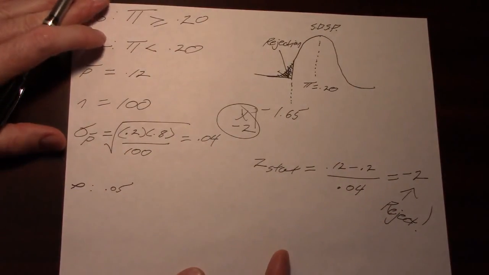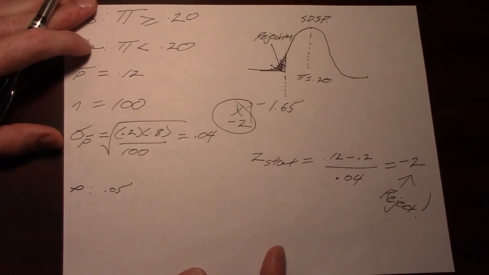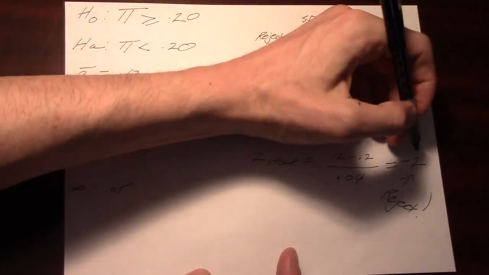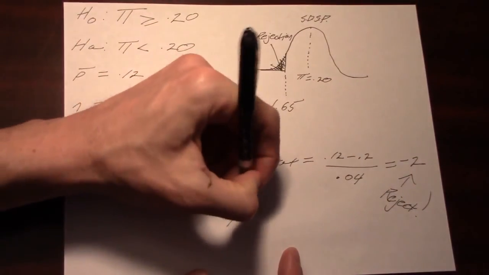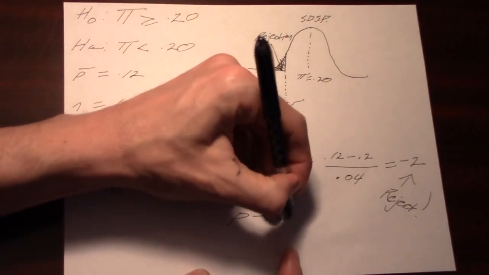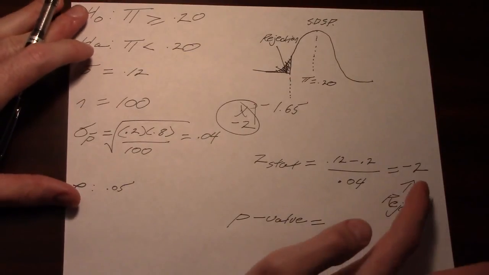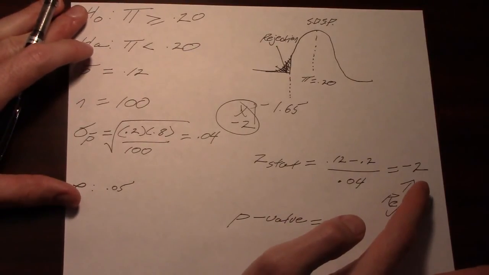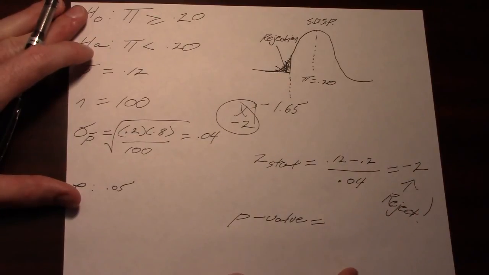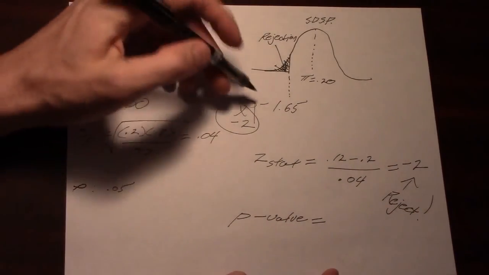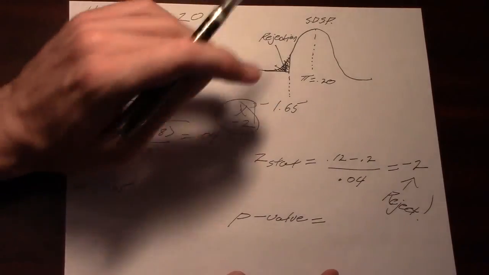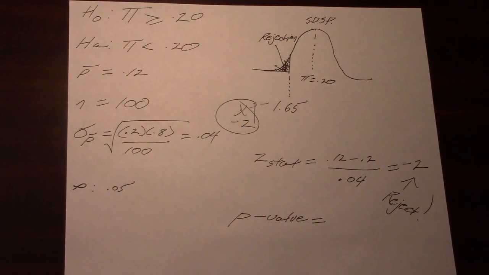Now, just for fun, let's calculate the p-value associated with a z-stat of negative 2. So our p-value gives us more exact information about exactly how likely it would be to get a test statistic of negative 2. We know it's less likely than 5% because it's past negative 1.65, but let's find out exactly. Alrighty, let's look in the Z table.